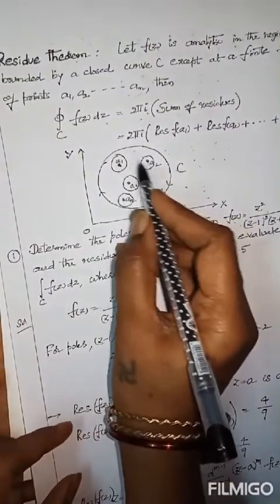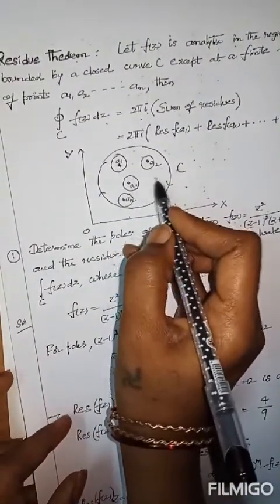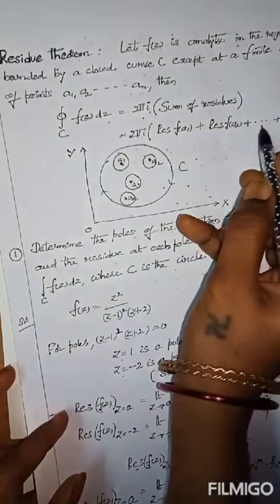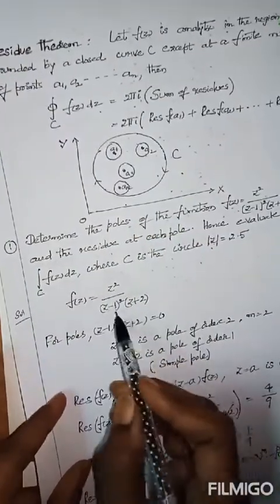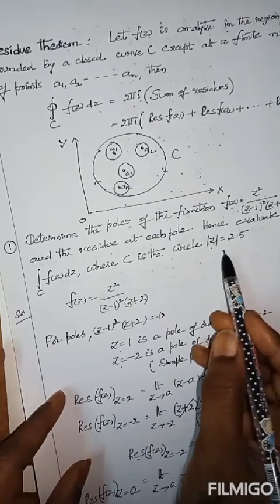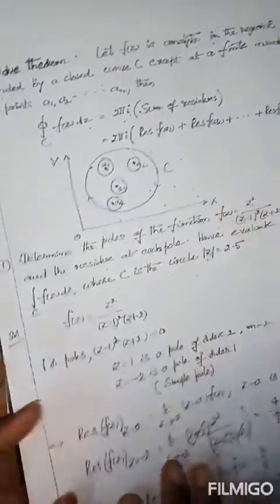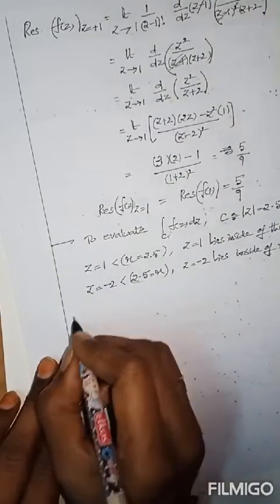So as per the theorem, all points are lying inside of the circle. For points inside of the circle only, we have to calculate the residue. So in the present question, both points are lying inside of the circle, and we can calculate the residues just by the residue theorem.